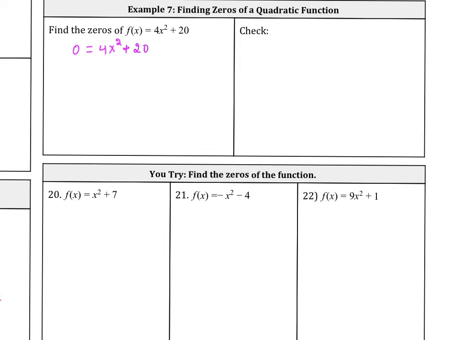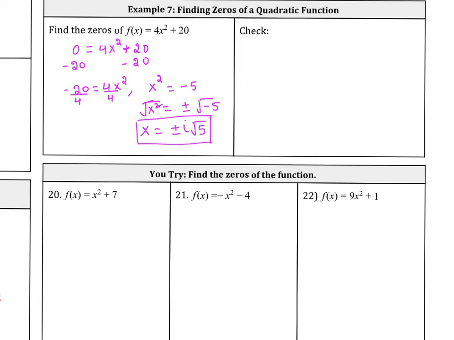So we're going to isolate the x squared term by subtracting 20 on both sides. So you get negative 20 equals 4x squared. Divide by 4 on both sides. So you got x squared equals negative 5. To solve this completely for x, you're going to take the square root on both sides. So x equals plus or minus square root of negative 5. Square and square root cancel, so x equals plus or minus i square root 5.